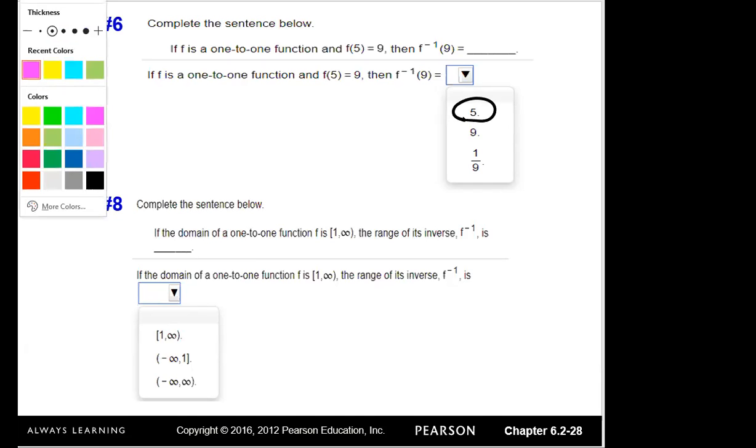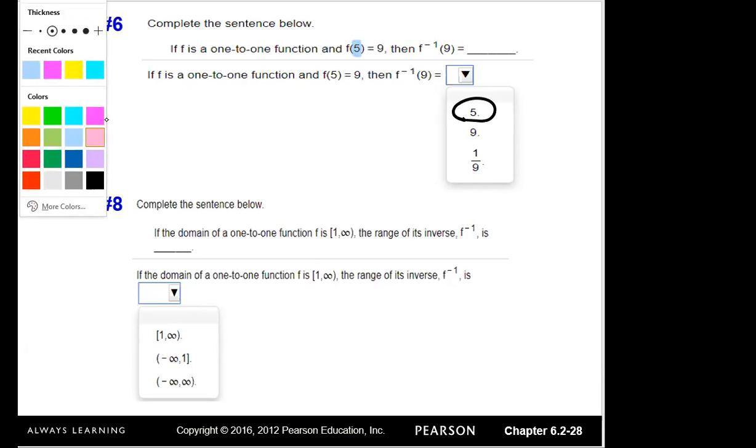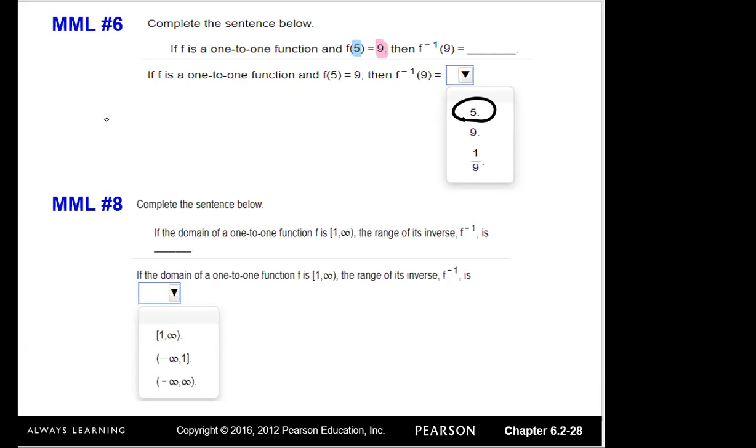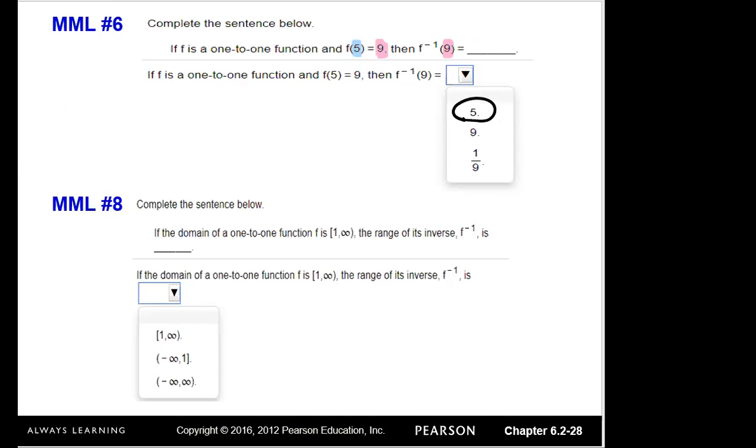They've got, let's see, the 5 as the x coordinate, and if you calculate f of 5, you get 9. Well, when you reverse it, now they're putting the 9 where the x is, which means that this answer right here should be the 5. And that's the one I'm going to pick right there. Just switch them.